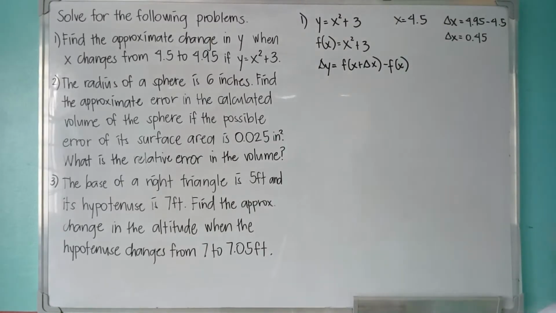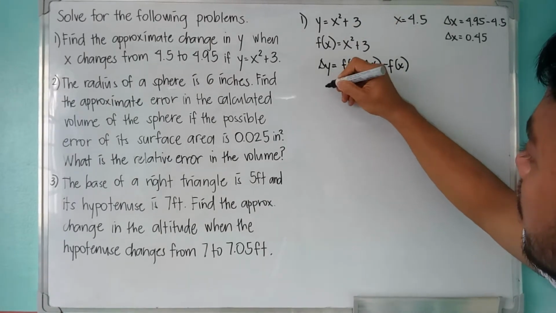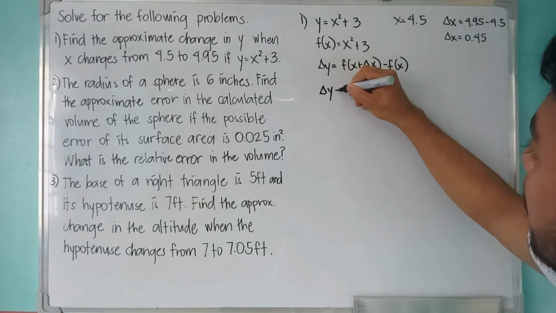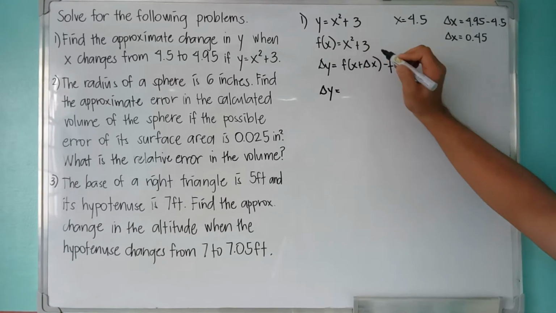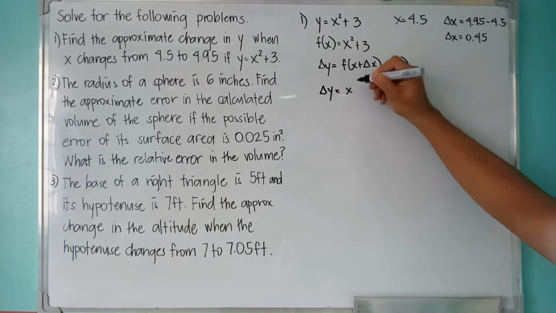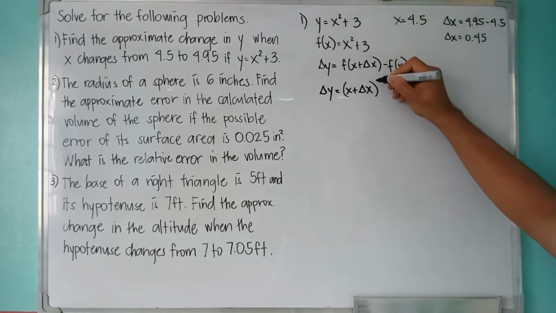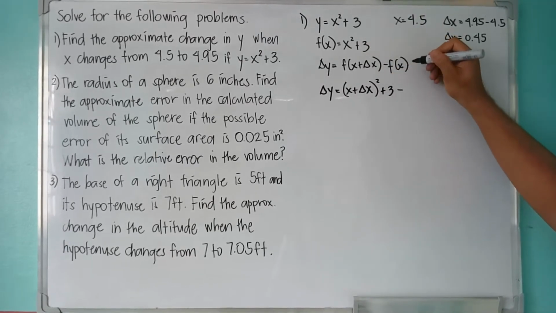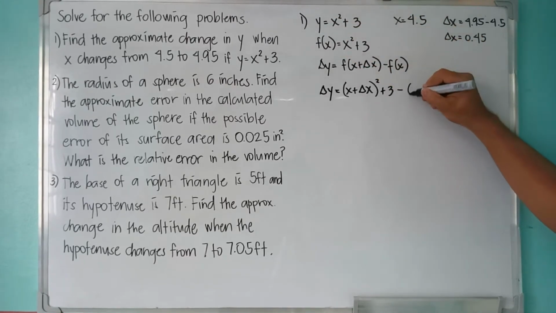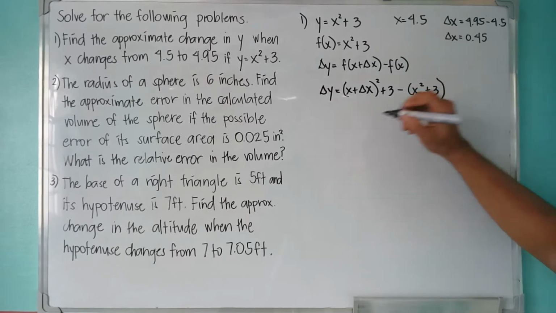So, meron tayo ngayon na delta y is equal to itong function natin, lahat ng mga x, dadagdagan natin ng delta x. So, x plus delta x siya ay naka-square, di ba? Plus 3 minus f of x natin. Ang f of x natin is equal to x squared plus 3, di ba?